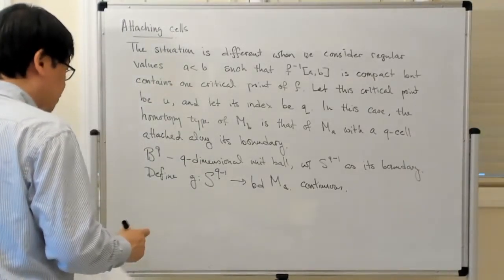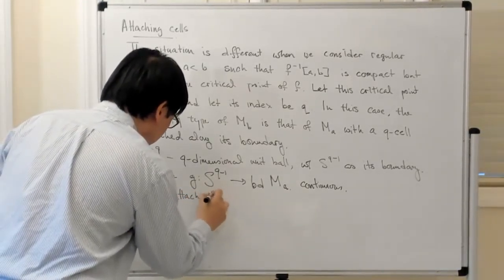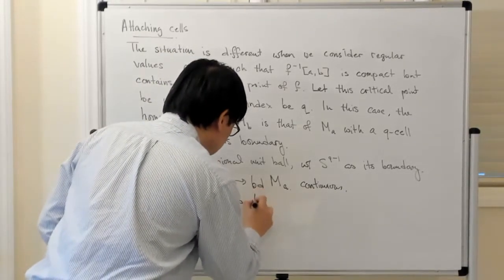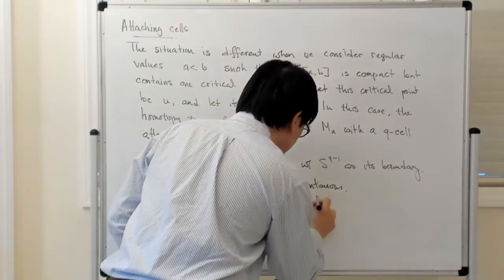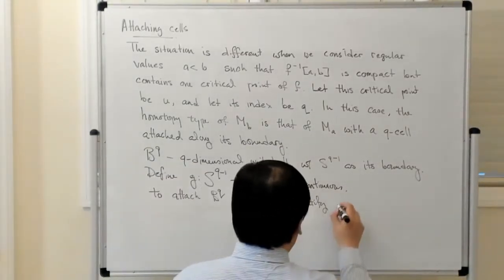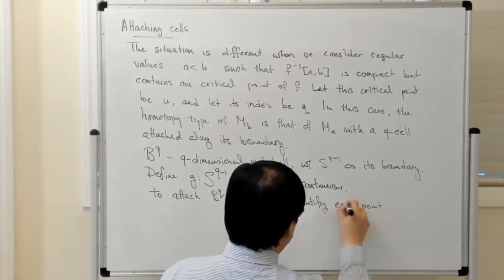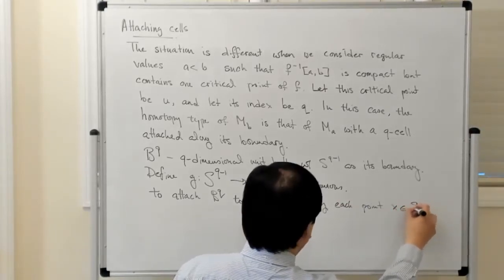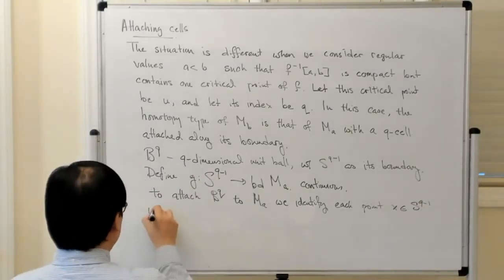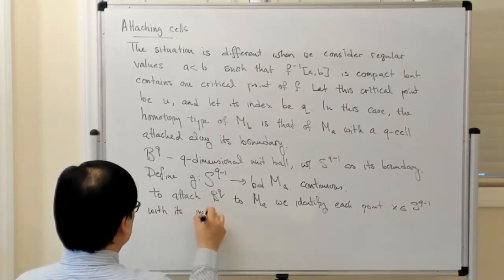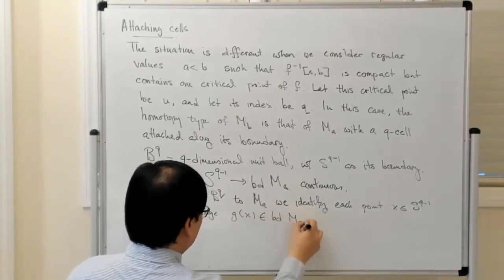And then, to attach this ball of dimension Q to MA, we identify each point X in the boundary of the Q unit ball with its image, which is G of X, on the boundary of MA.